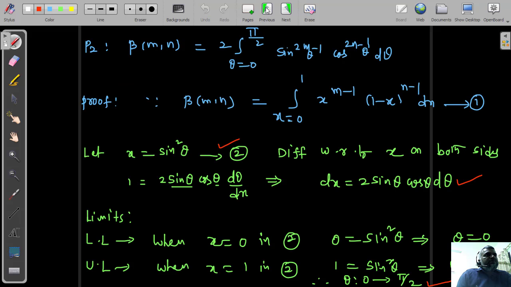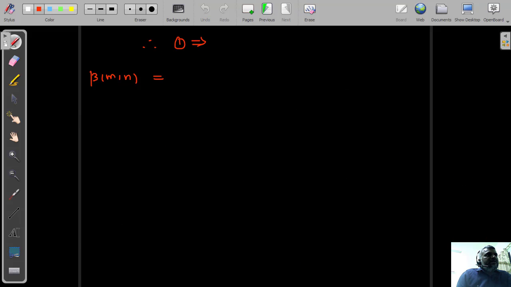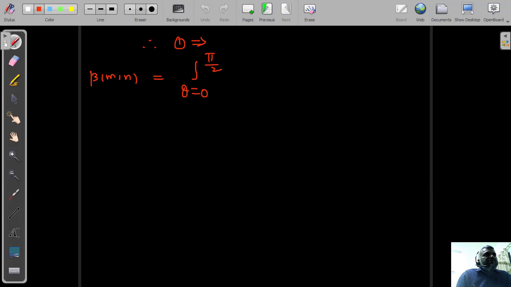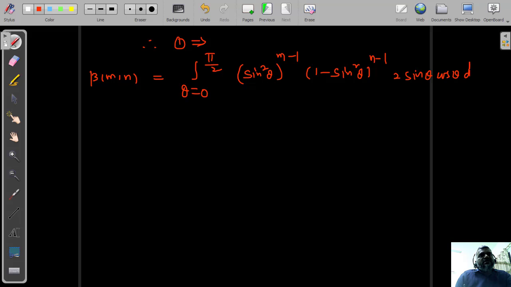So 0 to 1 will now become theta from 0 to pi by 2. We have x meaning sine square theta, but the power is m minus 1, so I will write sine square theta power m minus 1. Then 1 minus x means 1 minus sine square theta power n minus 1. We have dx, which is 2 sine theta cosine theta d theta.